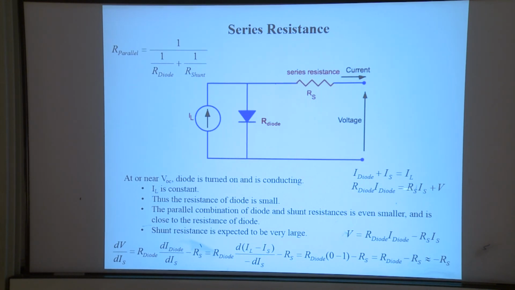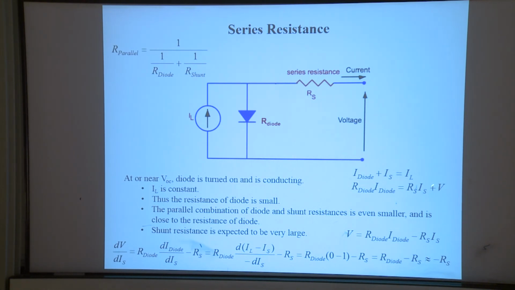In terms of voltage, in this circuit, the resistance of the diode times the current flowing through the diode will equal the output voltage plus the voltage drop that occurs on the resistor.